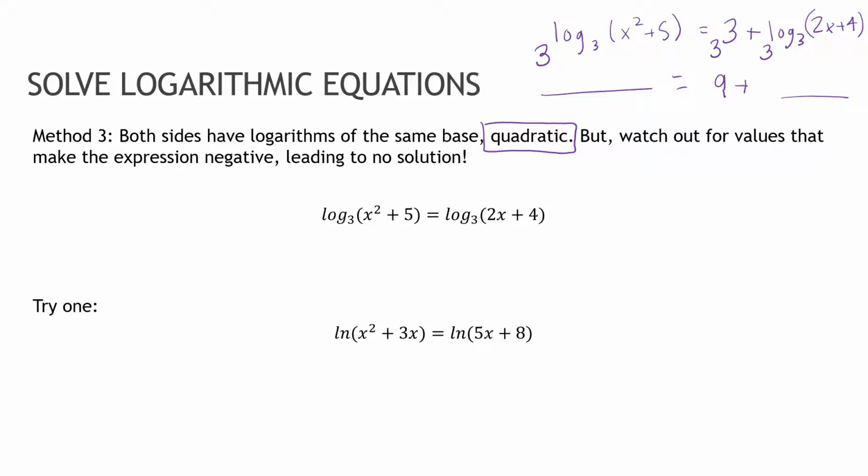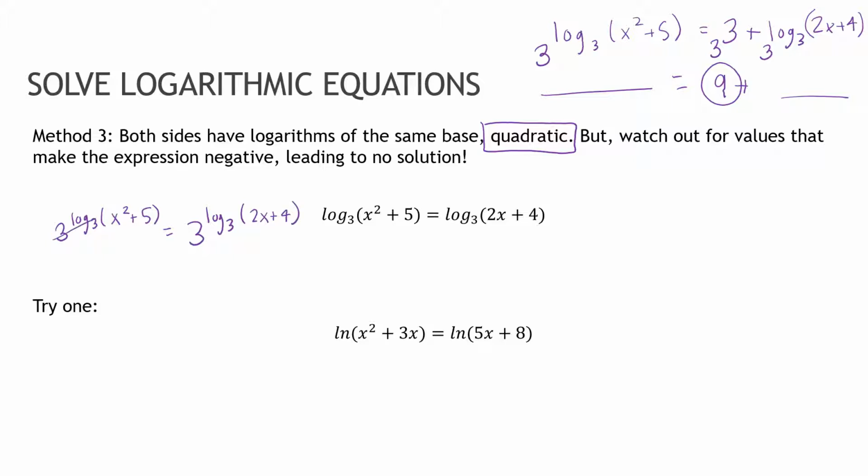So if you get a question like that in ALEX, don't think I haven't gone through it with you. It's exactly like this method. I'm just going to end up with another constant to simplify. So again, let's look at this one. We have log base 3 on each side, so I'm going to take 3 to the log base 3 of x squared plus 5, and 3 to the log base 3 of 2x plus 4.